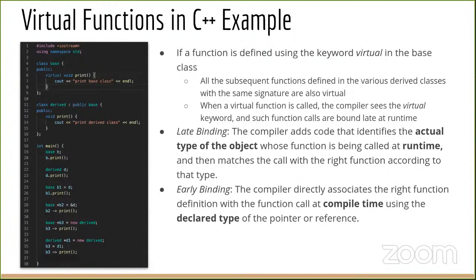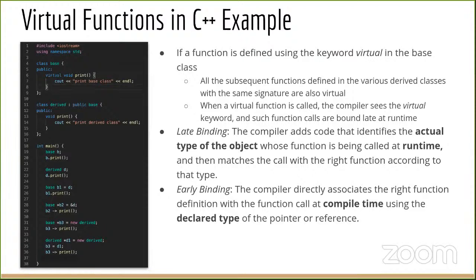So I'll just more formally explain what late binding is. In late binding, the compiler adds code that identifies the actual type of the object whose function is being called at runtime, and then matches the call with the right function according to that type. So yeah, that is what late binding is.